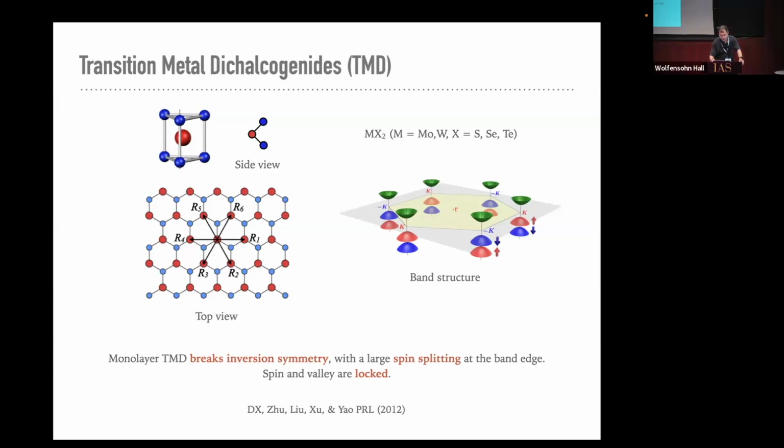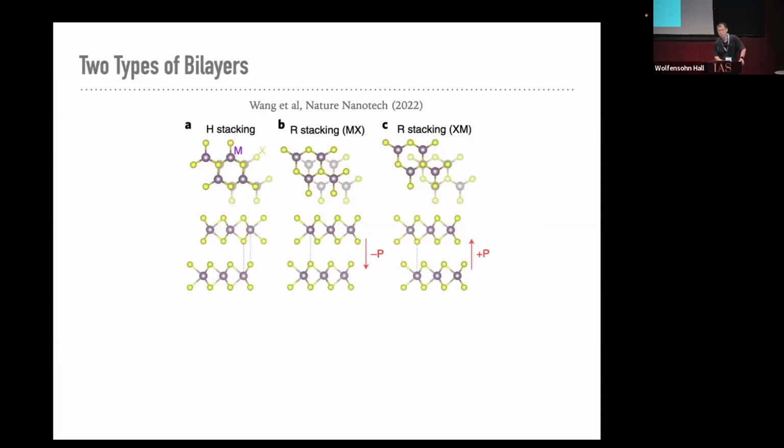Now, next we consider how we form a bilayer. That's another scenario where graphene and the TMD are different, because of the breaking of the inversion symmetry. When you have the two layers stacked together, you have the so-called H stacking and R stacking. So what's H stacking?